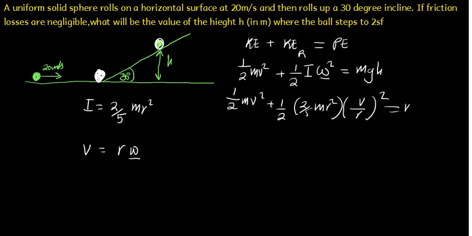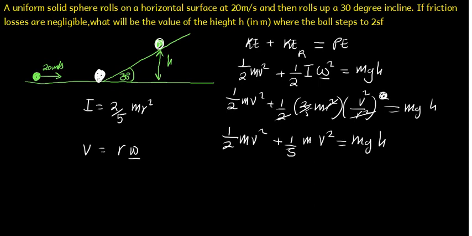That should equal mgh. So we get half mv squared plus, with the two canceling with that 2, 1 over 5 mass. Distributing the square, the radius squared cancels with the radius squared there, and we remain with mass and velocity squared, equal to mgh.